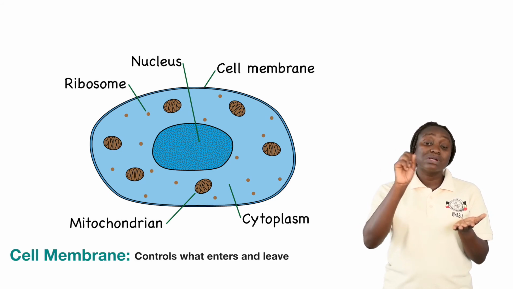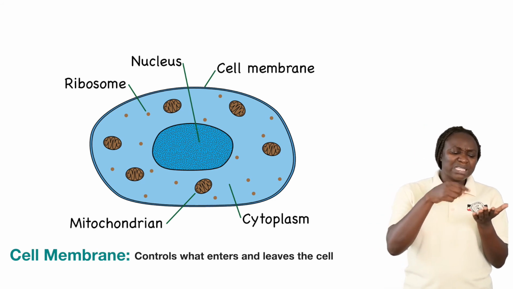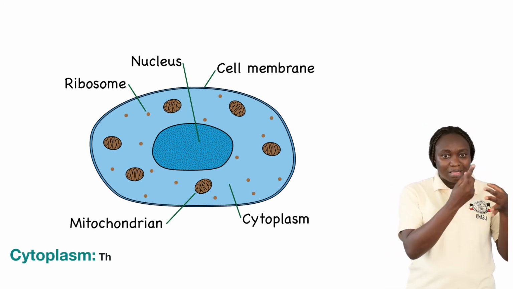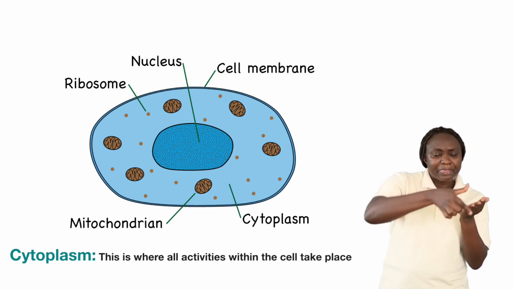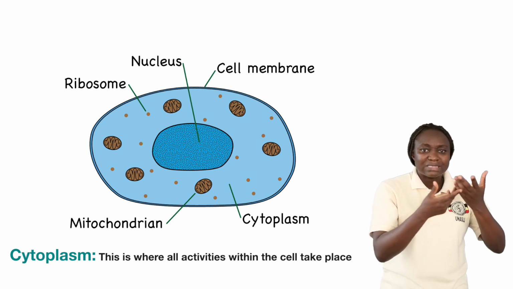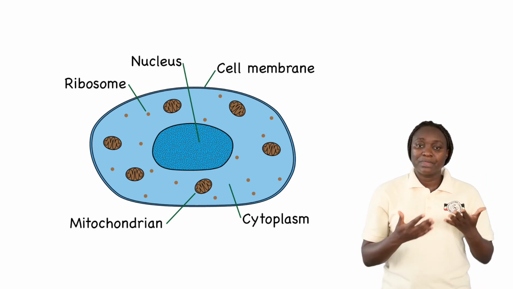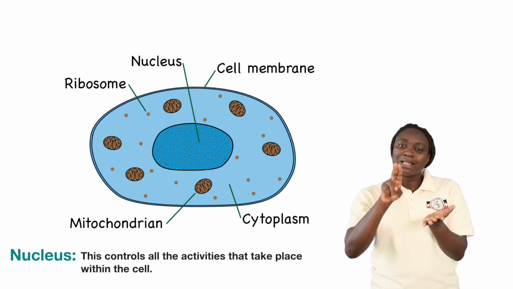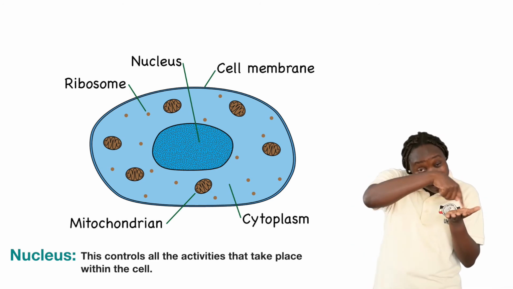The cell membrane controls what enters and leaves the cell. What about the cytoplasm? The cytoplasm is where all activities within the cell take place. And finally, the nucleus. The nucleus controls the activities that take place within the cell.